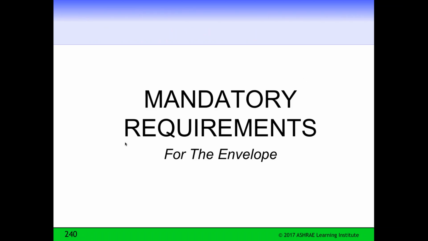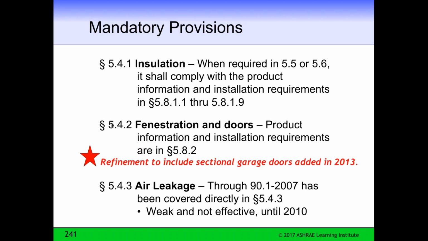Okay, that covers all of the prescriptive requirements, and I've gone to great lengths to try to indicate what those prescriptive requirements are and what some of the exceptions are. Then for the mandatory requirements, there's some significant mandatory requirements, but there are not many, and we'll go through them quickly.